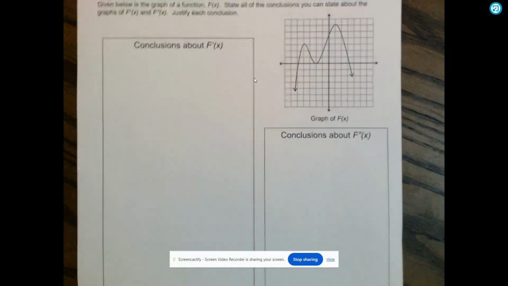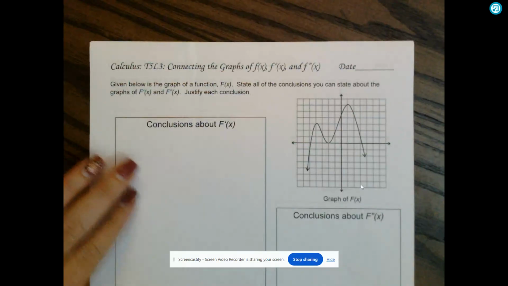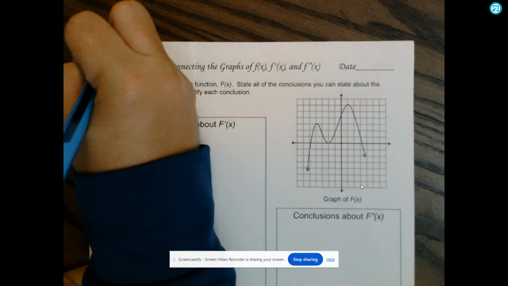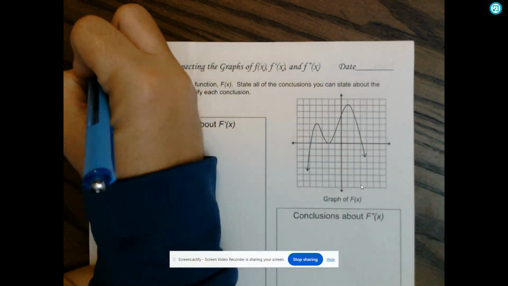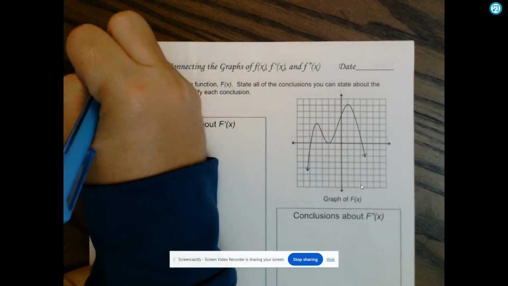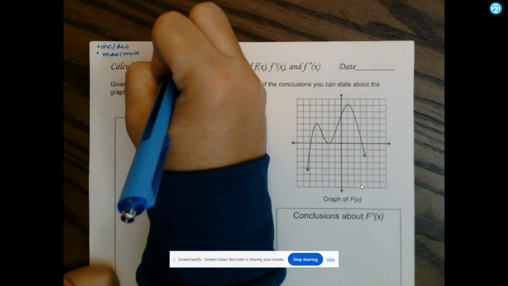Okay, so for instance, the things that you want to be cognizant of as you fill these in, I'm just going to kind of put this up here at the top. Obviously, we want to think about increasing and decreasing. Okay, we want to think about max and mins. We want to think about concavity.